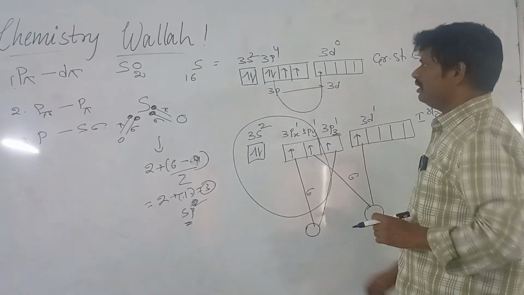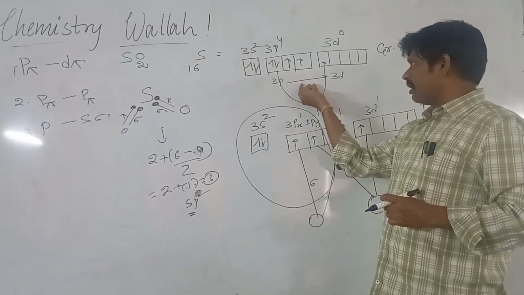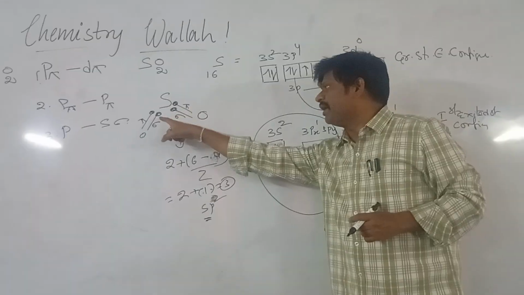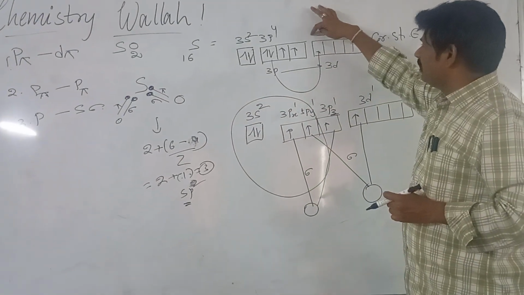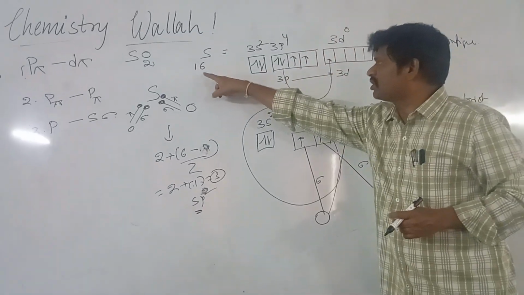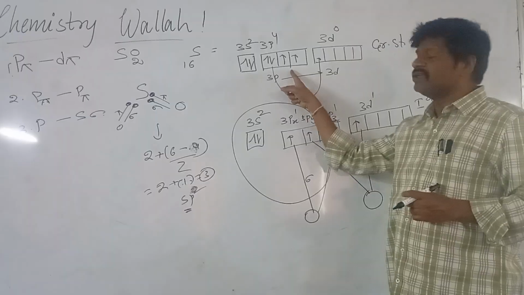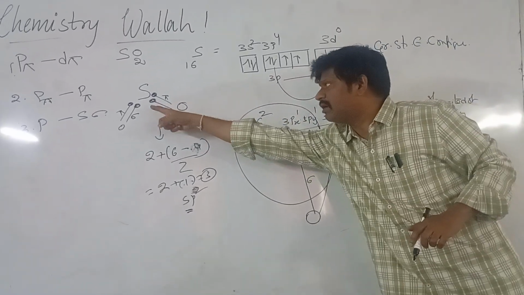So first we have to write the formula and the configuration. According to the structure, we have to maintain 4 single electrons. But according to atomic structure, where we write the electron configuration, we have only 2 single electrons. But we need more than 2.